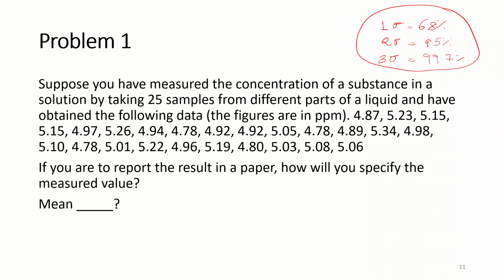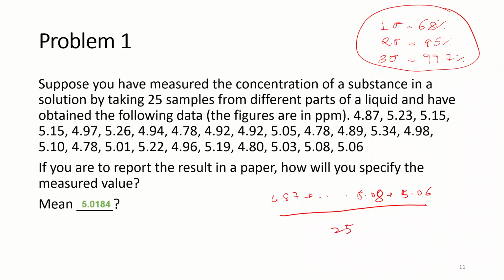So the formula is to add all the figures, so 4.87 plus 5.08, 5.06 and so on, divided by 25.